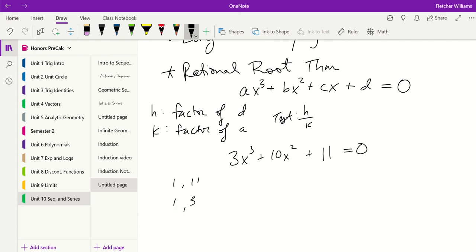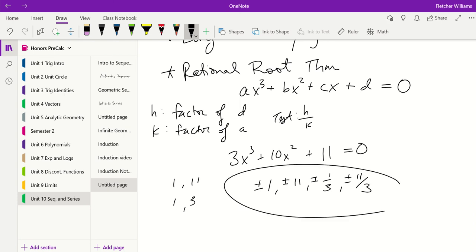So we would test out plus or minus 1, 11, plus or minus 1/3, plus or minus 11/3. That's better. Take the constant term factor over the leading term factors. And then you have 4 things to test out.